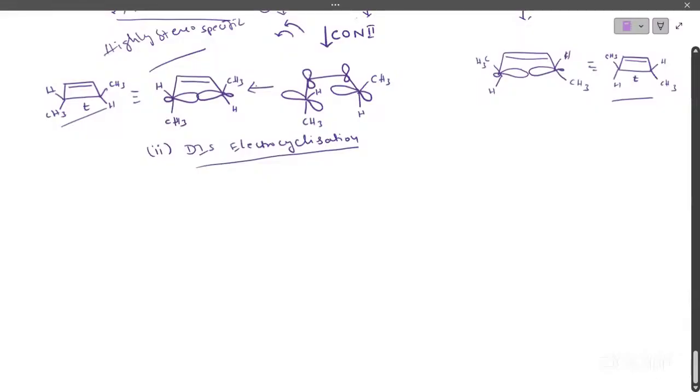This electrocyclization, you take the same molecule. Here I am going to take the same molecule.